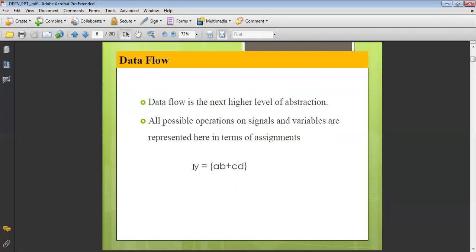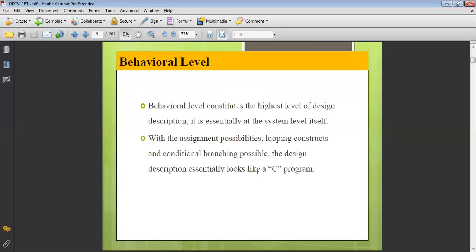Whatever operations I want to perform, all possible operations on signals and variables are represented in terms of assignment. So by using this assignment operator, I can develop the digital functionality by using this data flow description.